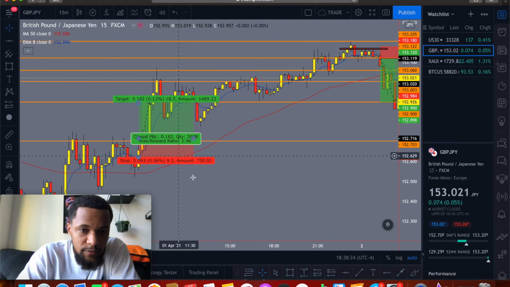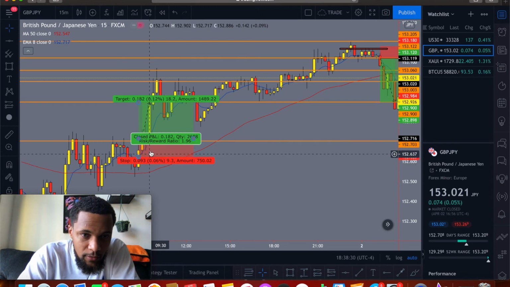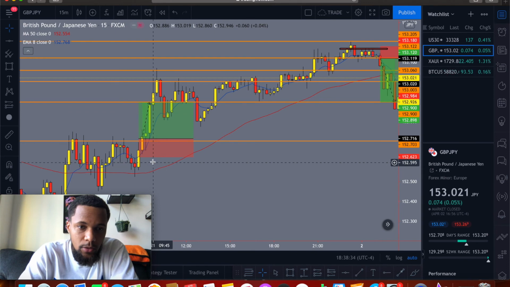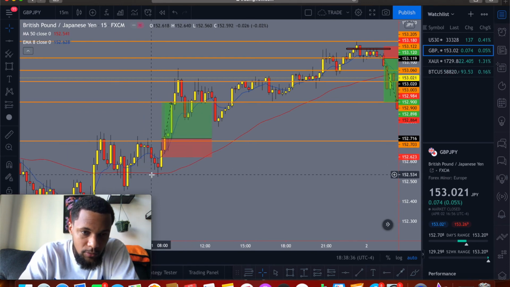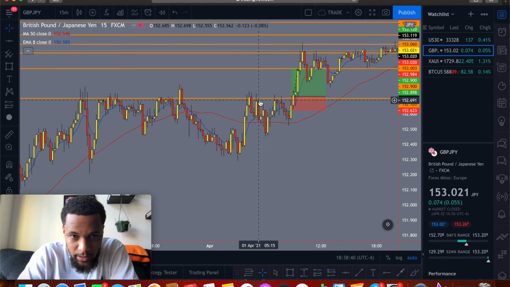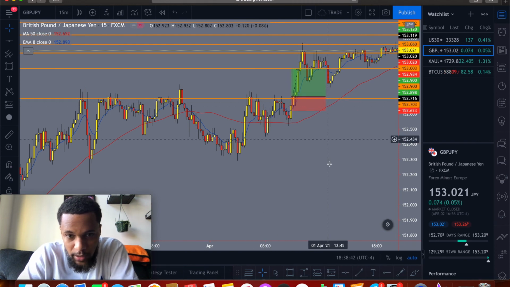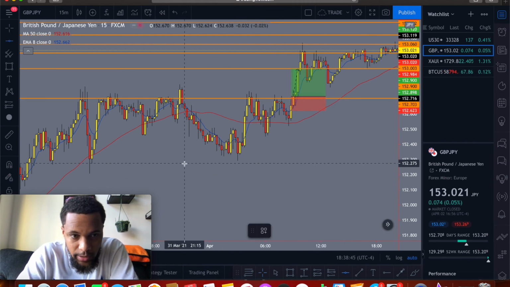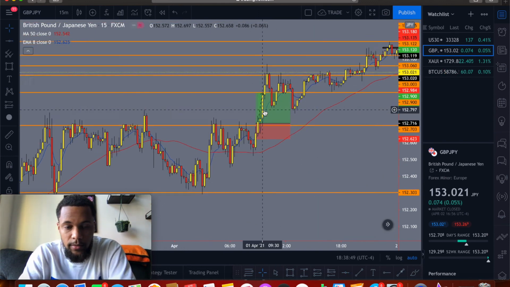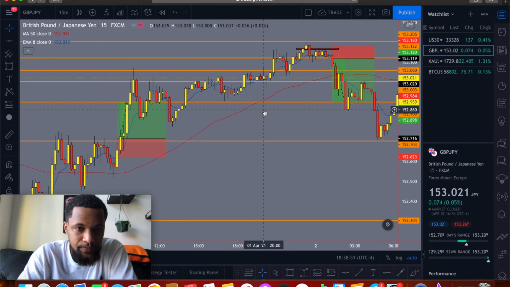Again, I'm on the 15-minute time frame, right? So if this was to come back down, it would become a bearish candle. It would now be a red candle, so I would get stopped out, right? And then potentially we know it's not respecting this indecision level, and we could look to target another indecision level, right? And it's that simple.